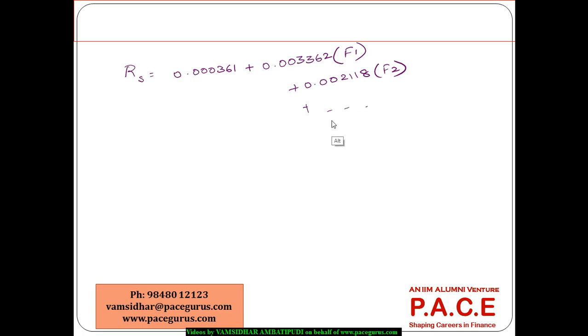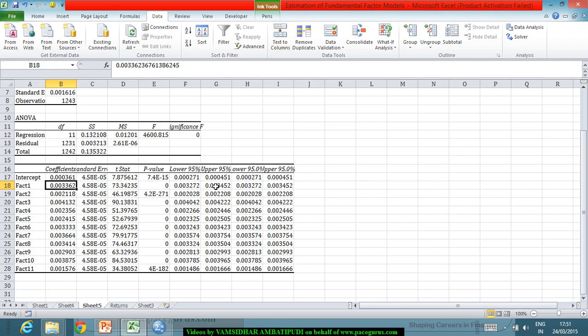It goes like this, right? These are the weightages that are going to come out. And of course, all I could see is all the factors are really significant here. The p-values are telling me that all the factors are significant.